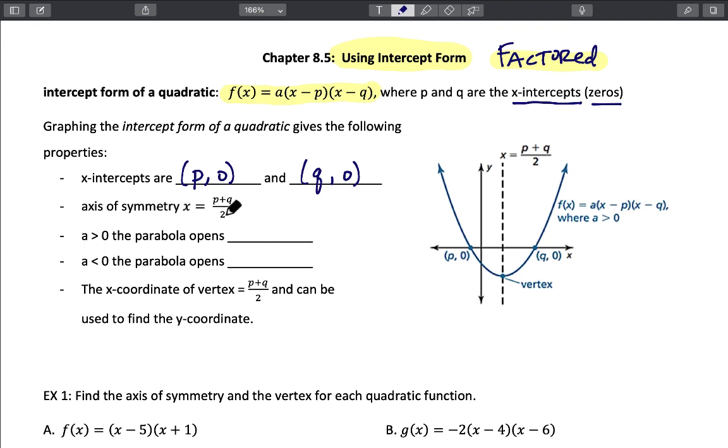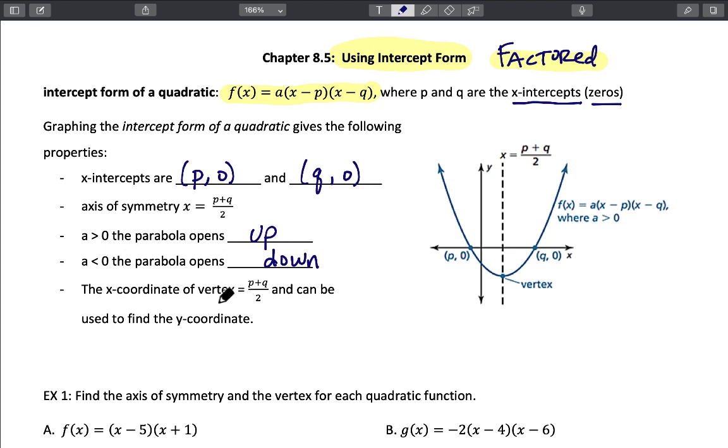The axis of symmetry can be found by taking p and q and combining them and dividing by 2. Our parabola is going to open up, remember, when a is greater than 0, and open down when a is less than 0. And a always still tells us whether it's a vertical shrink or stretch.